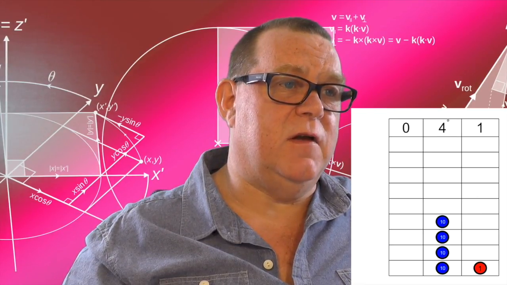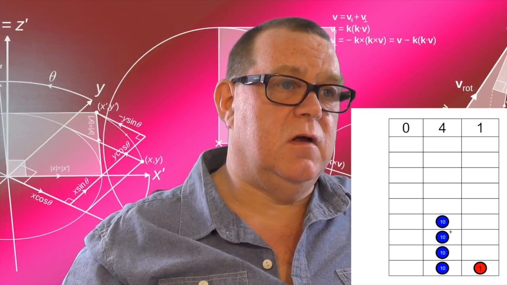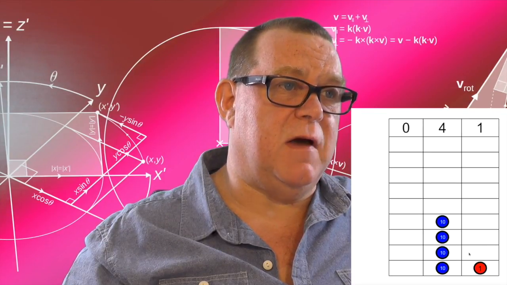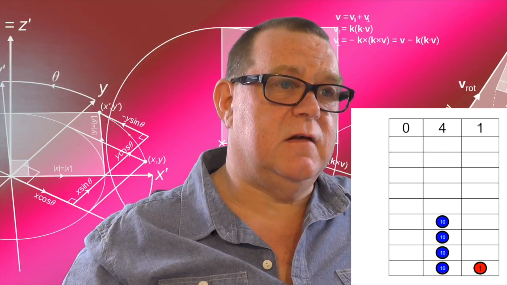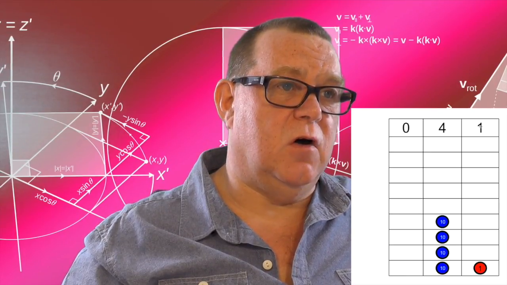So we now have the number 41, 1 in the units column and 4 in the tens. 4 lots of 10 and 1 lot of 1.